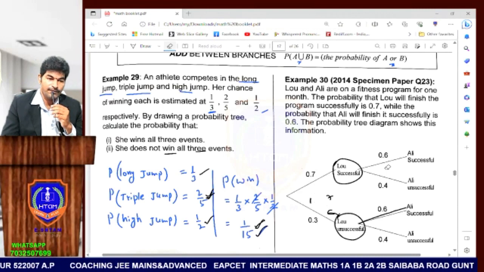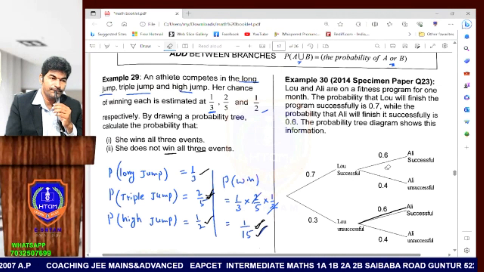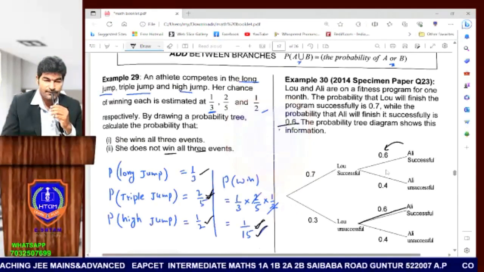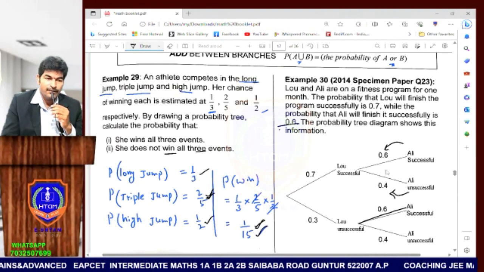Okay. And next one, Ali. Ali successful is 0.6 according to what he said in the question. Then unsuccessful is 0.4, 1 minus 0.6, the negation of that. Which case?